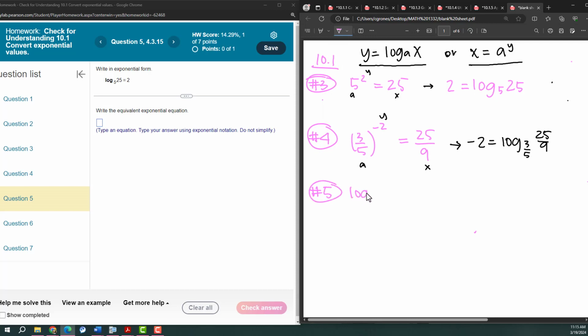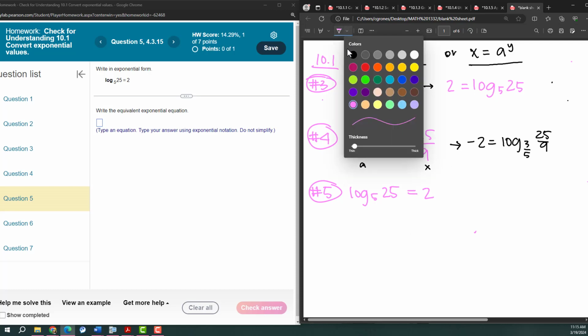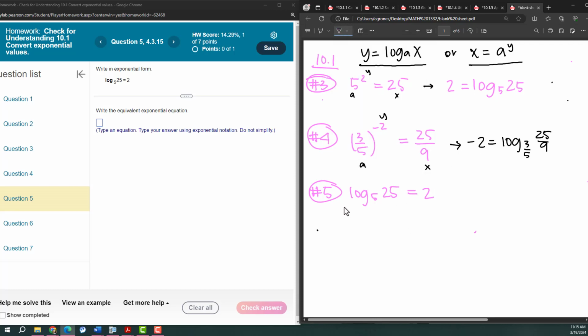So this time they give it to us in log form, and we are converting it to exponential form. So we're working backwards. I'm still going to label these backwards, forwards, whatever.